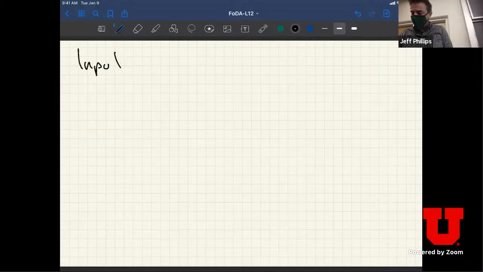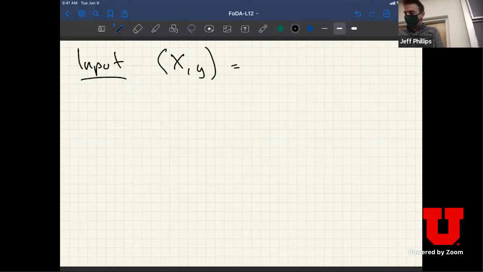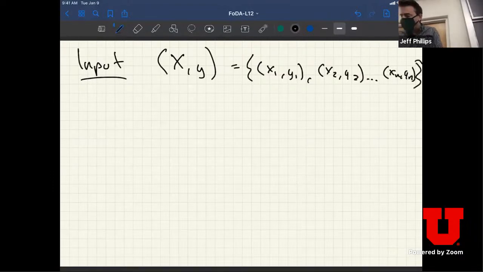Remember, I gave the input to this problem as x, y, a series of data points: x1, y1, x2, y2, up to xn, yn. We're writing x as a capital X and y as a lowercase y.